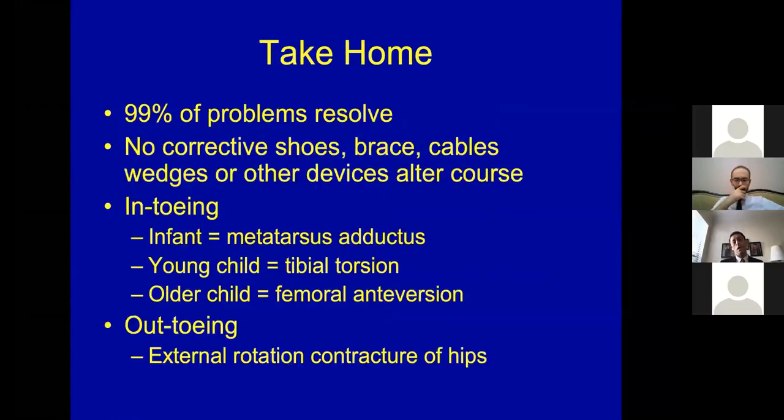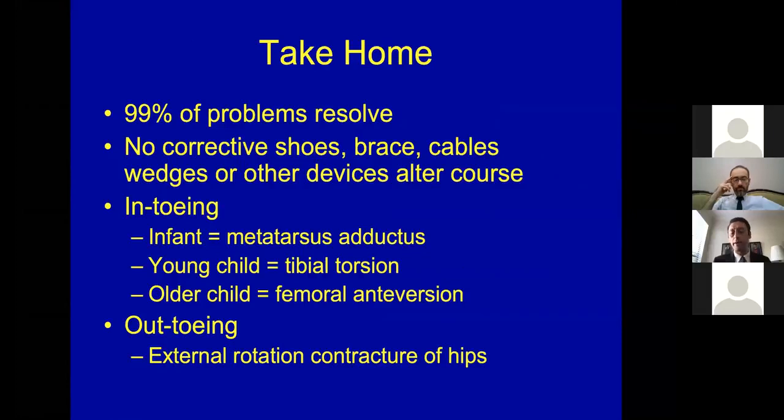So to summarize what we said, 99% of in-toeing resolves by itself, so you don't have to worry too much. We have to reassure the parents and continue to see the kid once a year to make sure the correction is achieved.